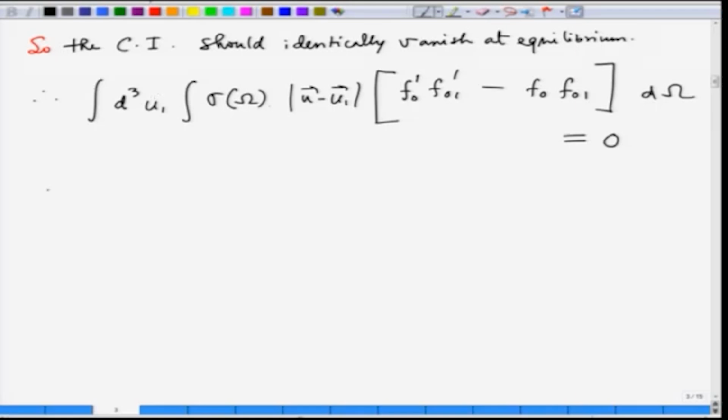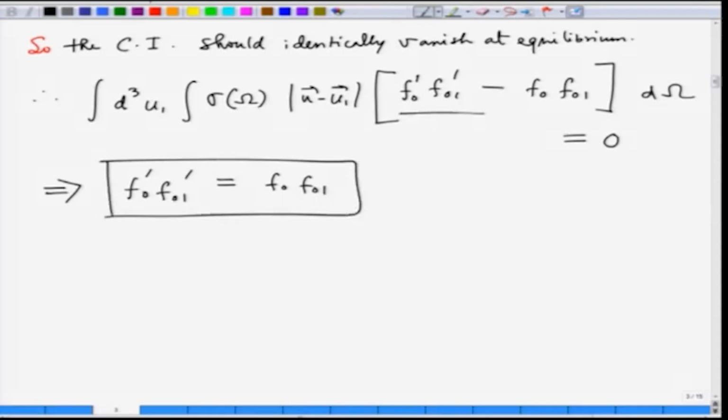So, the only condition by which it can be true is that f0 prime f01 prime should be exactly equal to f0 f01. That means that the integrand itself should vanish. So, you see the product of two equilibrium distribution functions before and after the collisions are unchanged.